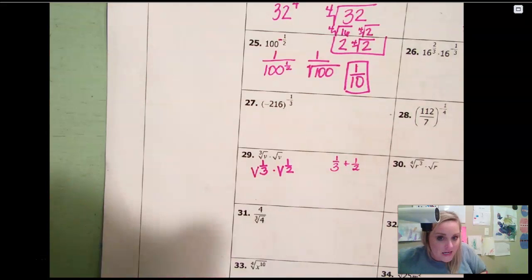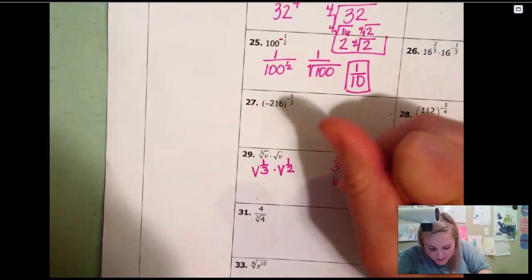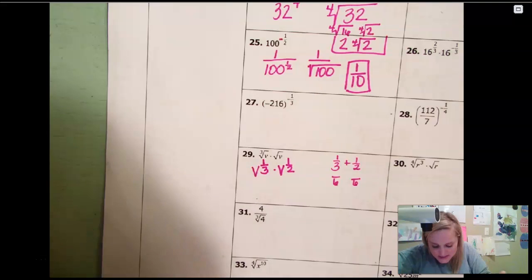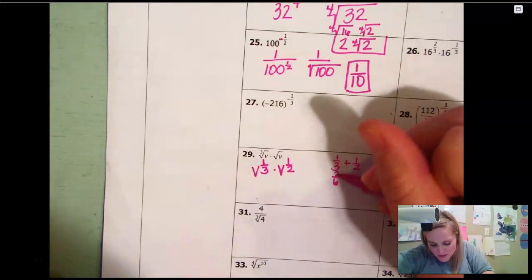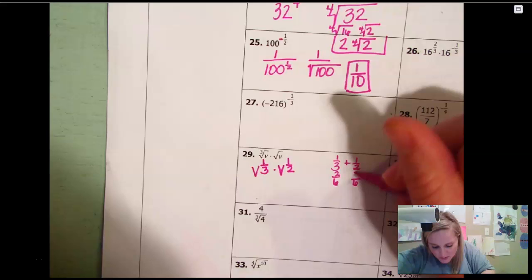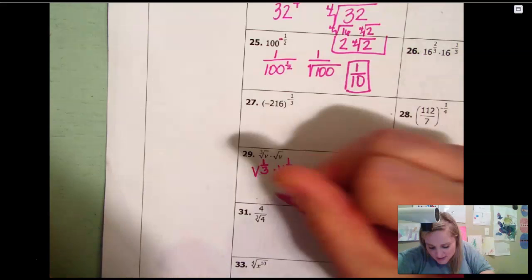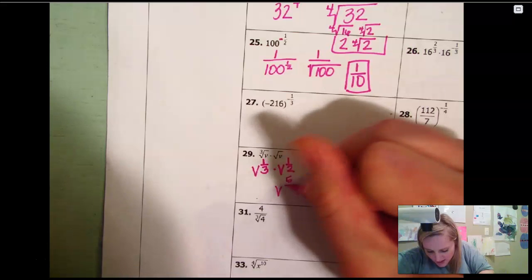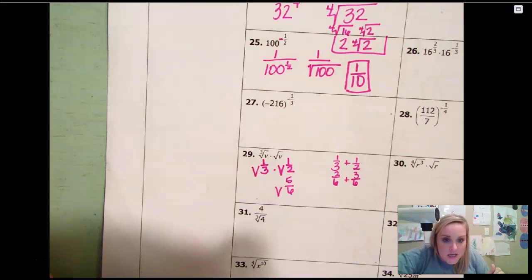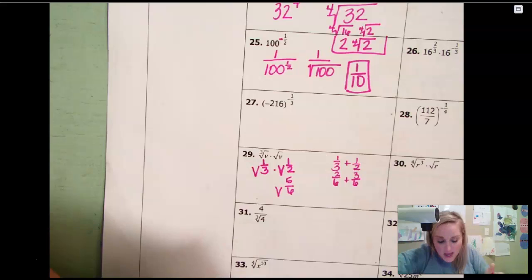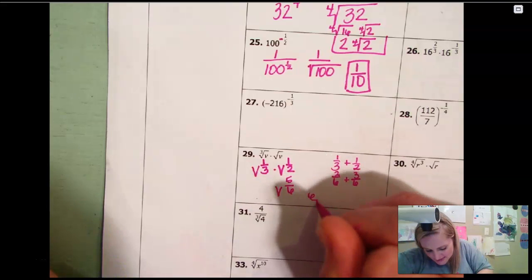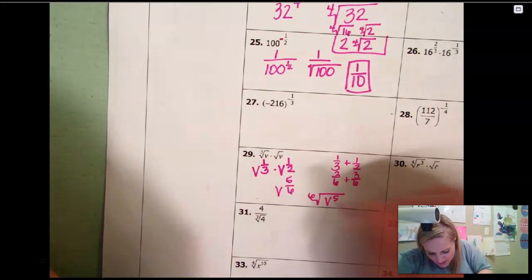Now, we cannot add those because they don't have the same denominator. So we give them the denominator of 6. So we have to multiply by 2, so this is 2/6. Multiply by 3, so this is 3/6. So that is how she got 5/6. So she is correct. I am incorrect. I apologize. So then from there, your index is 6 and it's v to the 5th power.